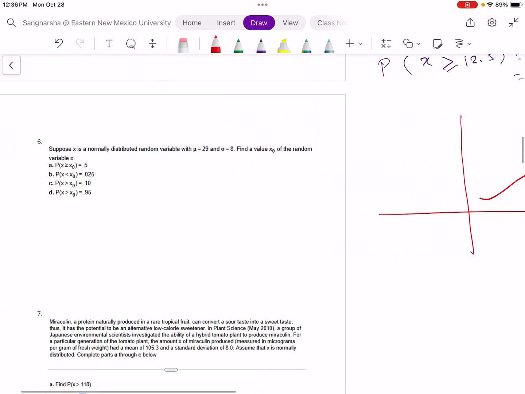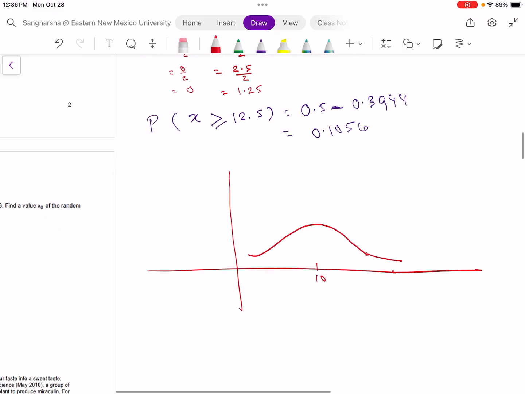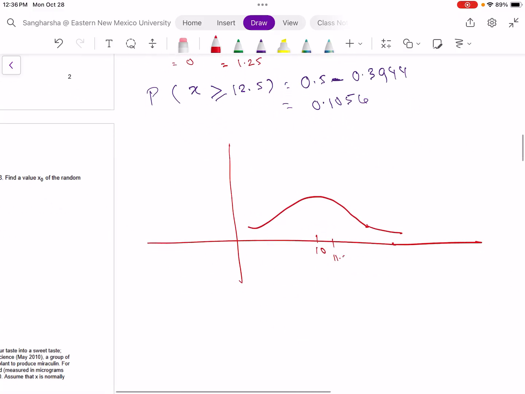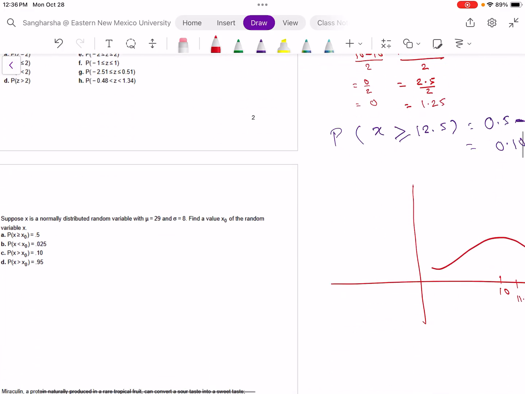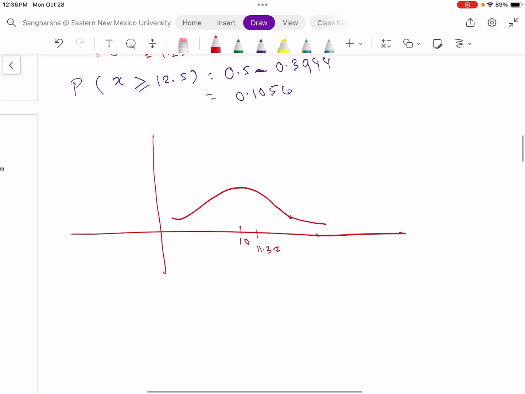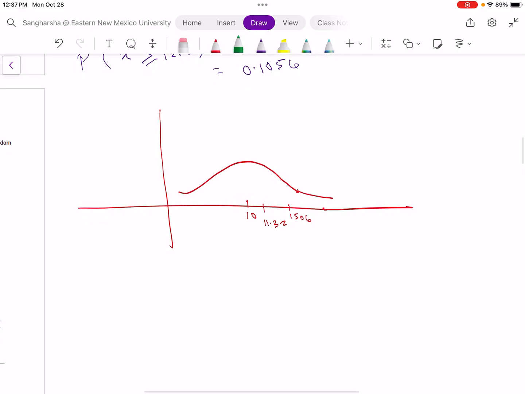We want the probability that X is between 11.32 and 15.08. So the graph is from here to here.